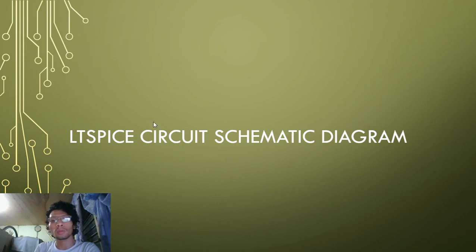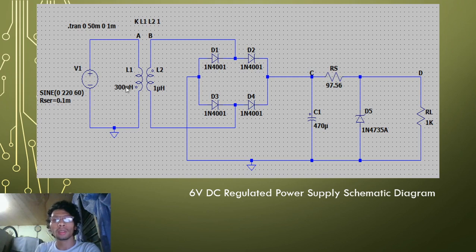To continue, the LTSpice circuit schematic diagram, or the final schematic diagram of the 6 volts power supply, is presented on the screen. You can see that I use 1N4001 rectifier diodes, which is 4 pieces, a capacitor of 470 microfarads with 25 volts voltage rating, and a current limiting resistor of 97.56 ohms.